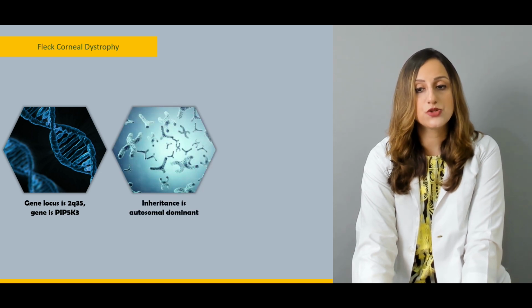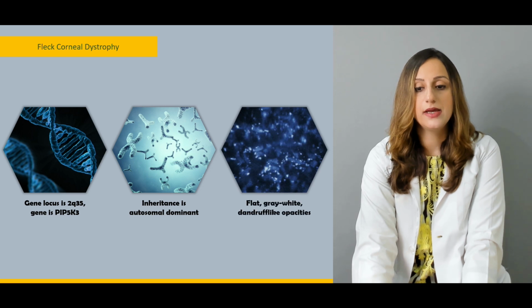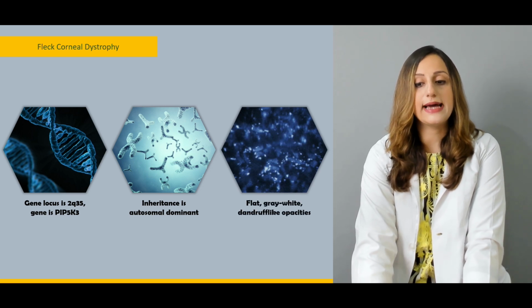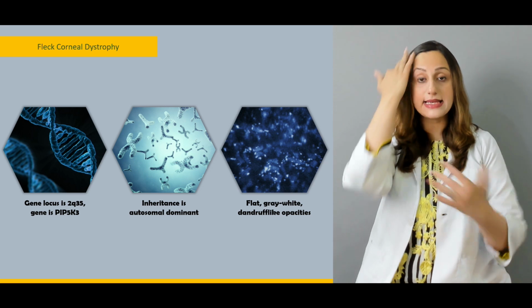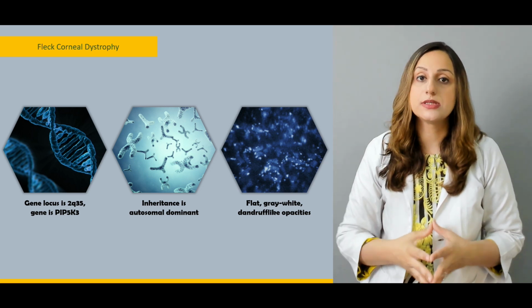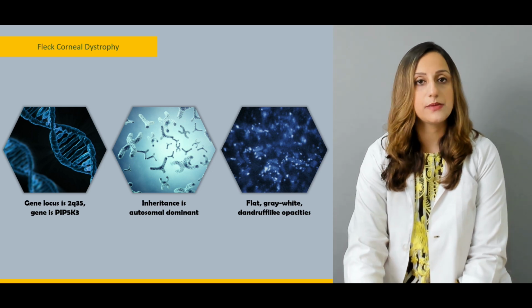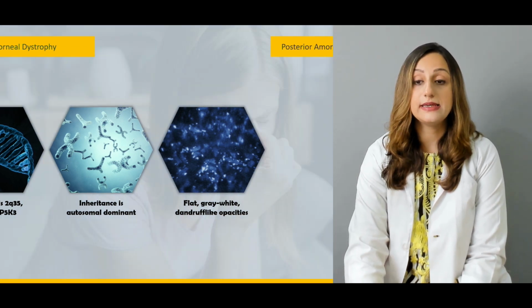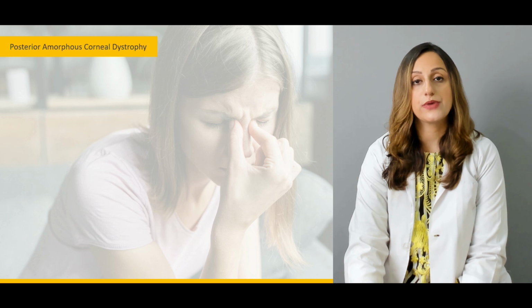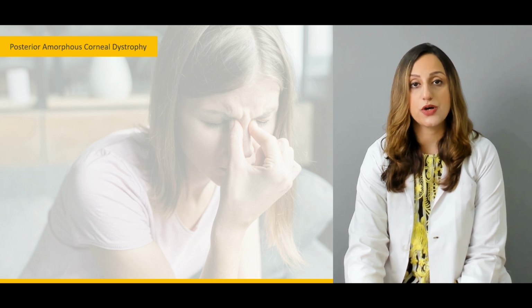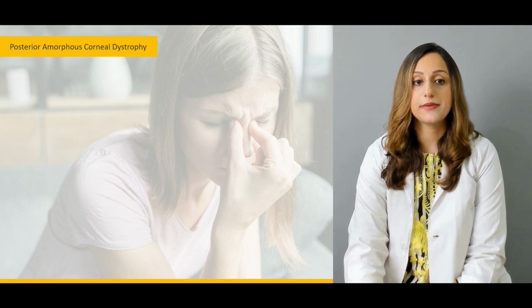The inheritance is autosomal dominant. There are flat gray-white dandruff-like, flake-like opacities that are excessive in number, and obviously the amount of granulations is going to affect the vision of the individual quite a lot.